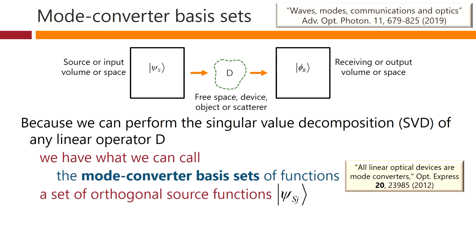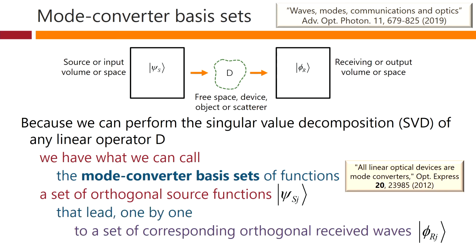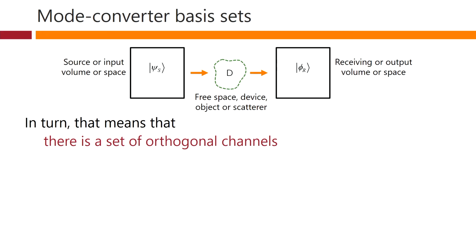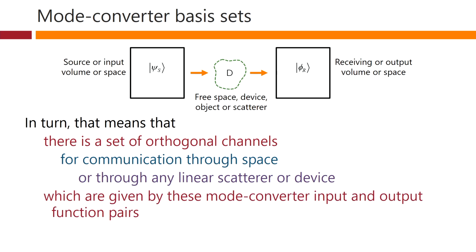That is, a set of orthogonal source functions, so a whole set here for different j's in the source space, that lead one by one to a set of corresponding orthogonal received waves, so phi r, with also this index j here. In turn, that means that there is a set of orthogonal channels for communication through space, or even through a device or scatterer, which are given by these mode converter input and output function pairs.